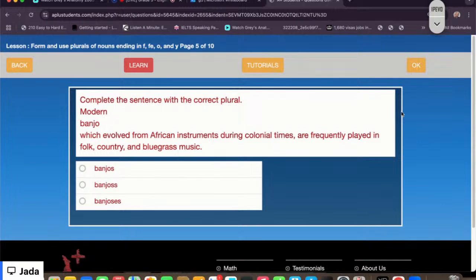So, what is the answer here? Okay, so one.